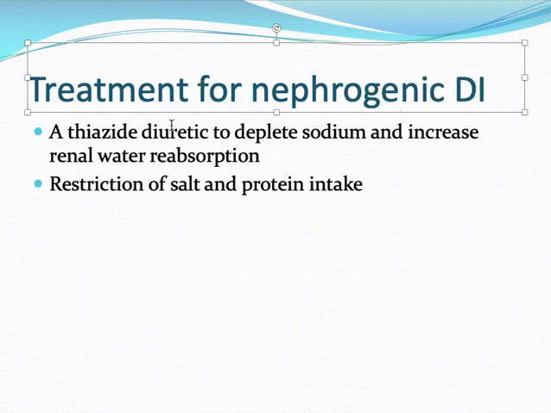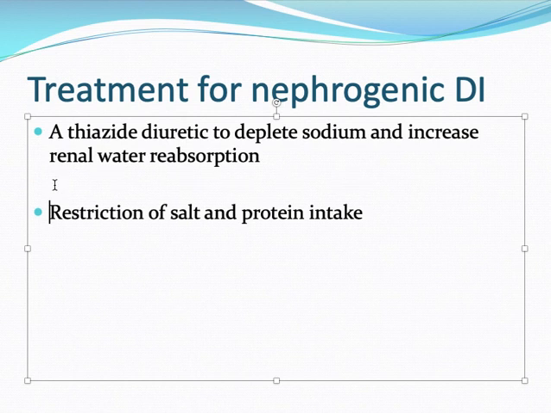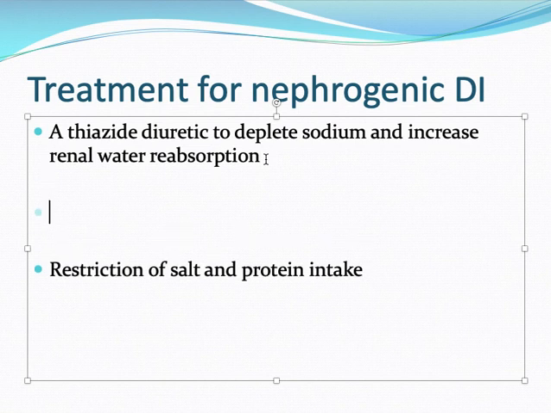First of all, we restrict salt and protein intake, and we give them thiazide diuretics. Because what do thiazide diuretics do? They deplete the sodium and increase renal water absorption. By the way, other than thiazide diuretics, one more drug which has the same function is NSAIDs as well. So we can give this one.